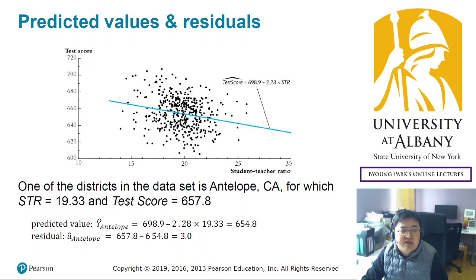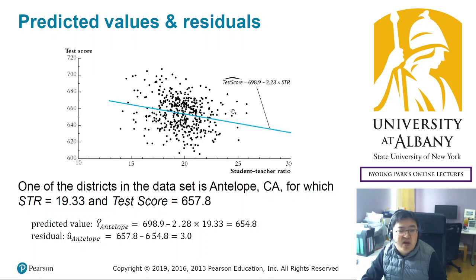And let's suppose that for a while we do not observe the test score. Without using this test score outcome, let's predict the test score for this district, Antelope in California.